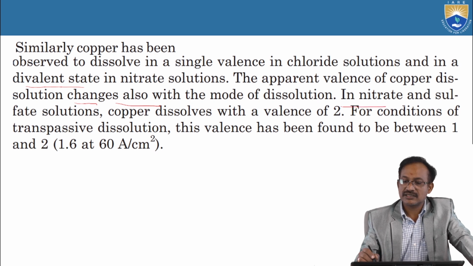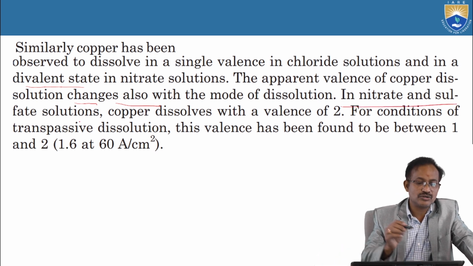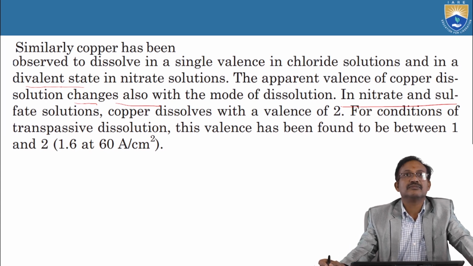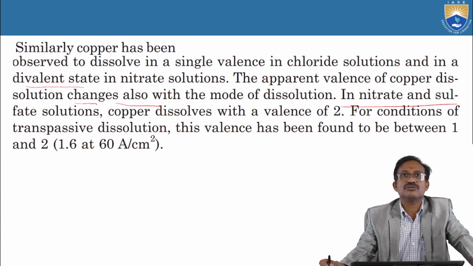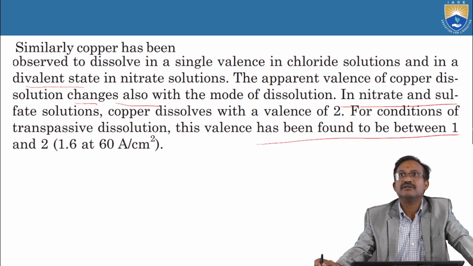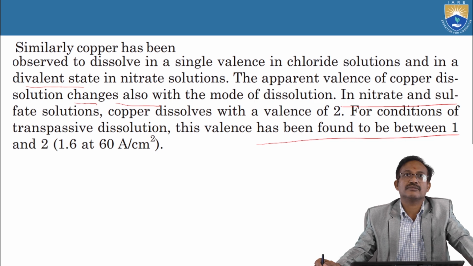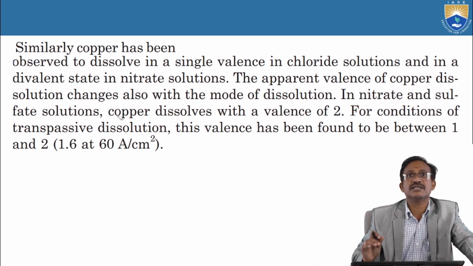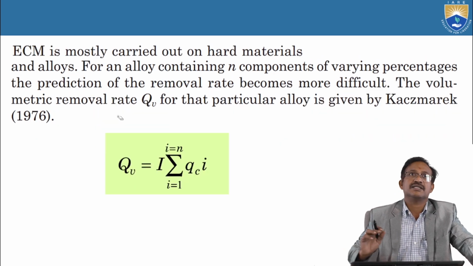In nitrate and sulfate solutions, copper dissolves with a valence of 2. For conditions of transpassive dissolution, this valence has been found to be between 1 and 2, and approximately 1.6 at 60 amperes per square centimeter. So this information is completely based on the research outcome of the researchers.